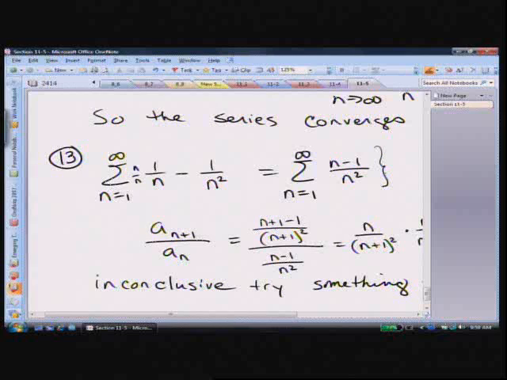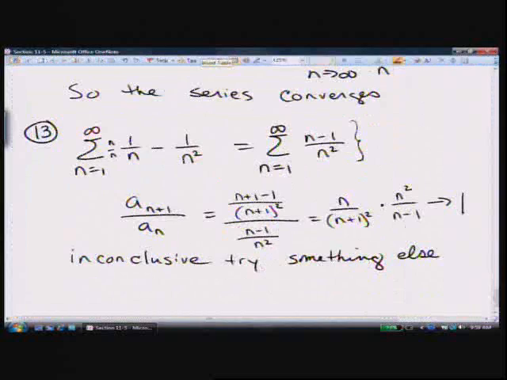Does it look like anyone you'd like to compare it to? Yeah, if you just forget about the minus 1, it kind of looks like 1 over n.